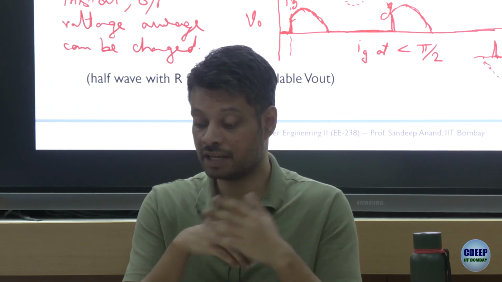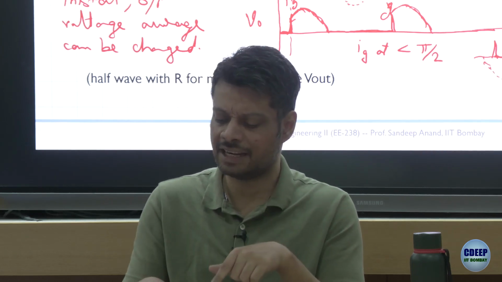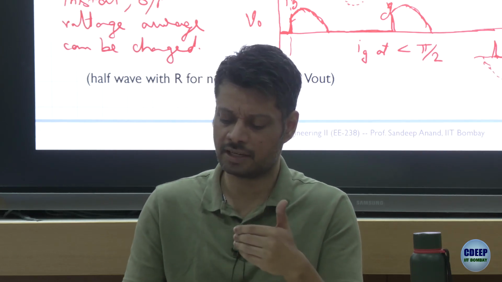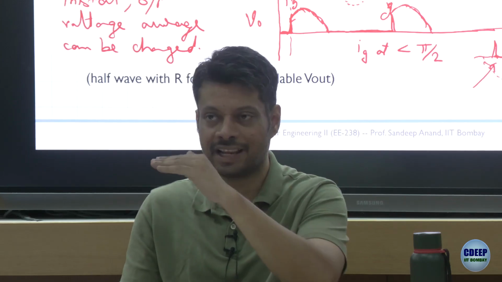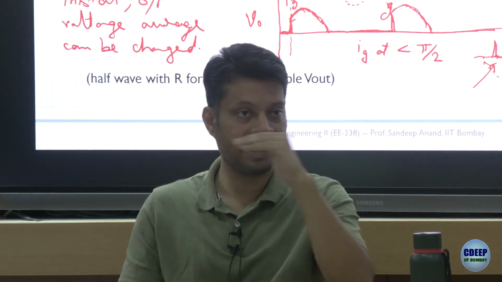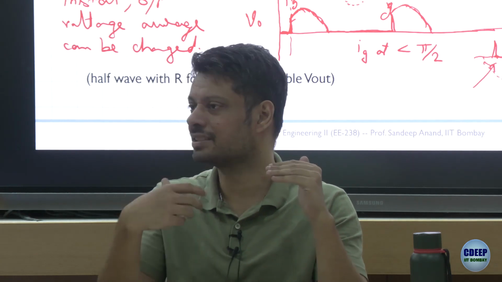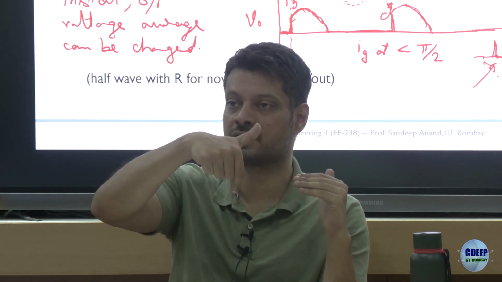Yeah, the device will not conduct at t equal to 0, but I gave a gate pulse some time before it, right? I gave a gate pulse here. So why will the device not conduct at t equal to 0? Because I gave the small gate pulse here, but at that time the anode to cathode potential was negative. So even though I removed the barrier for some time, there was no conduction because the applied potential was reverse bias.